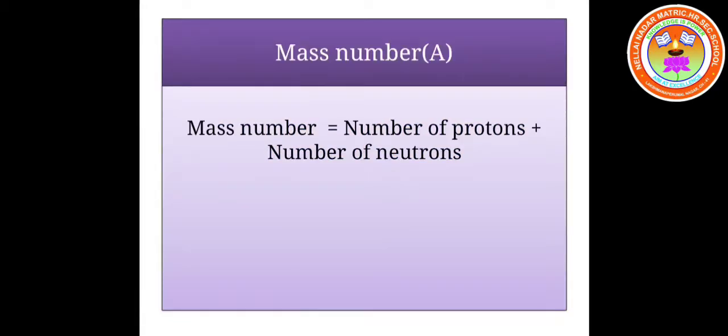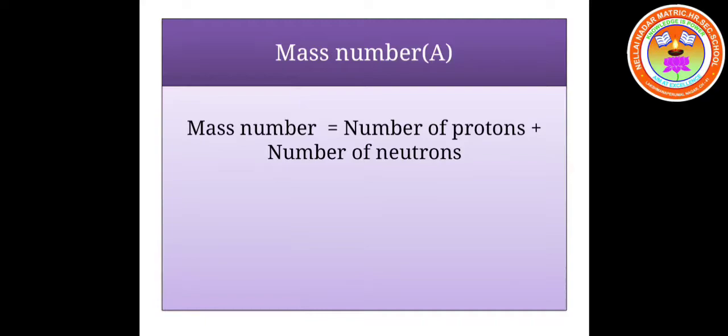Now we are going to learn mass number, which is denoted by the symbol capital A. Mass number is equal to the mass of the atom. The mass of the atom is constituted by the number of protons and the number of neutrons present in that atom. So children, mass number corresponds to the mass of protons and the mass of neutrons present in that atom.